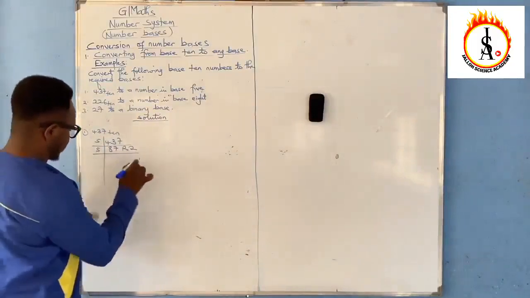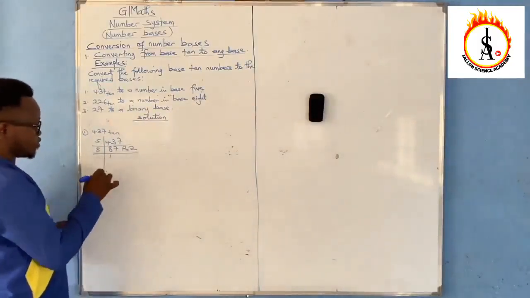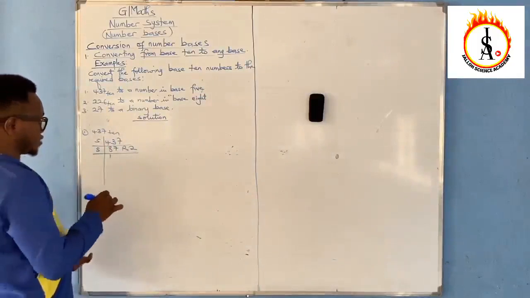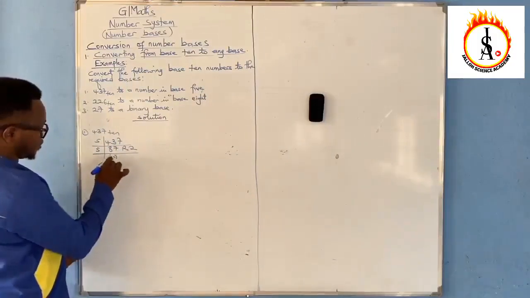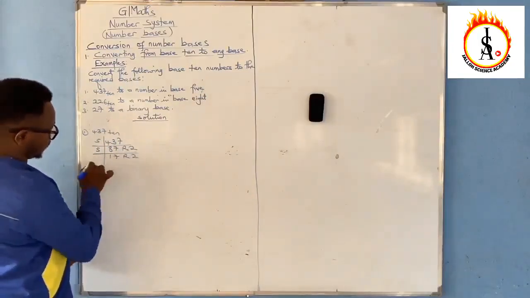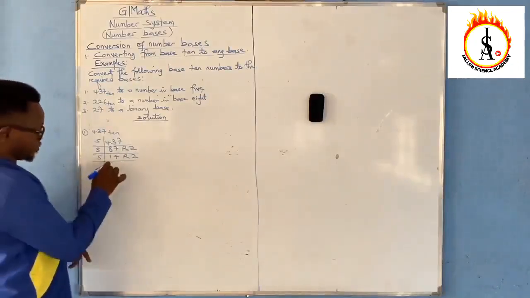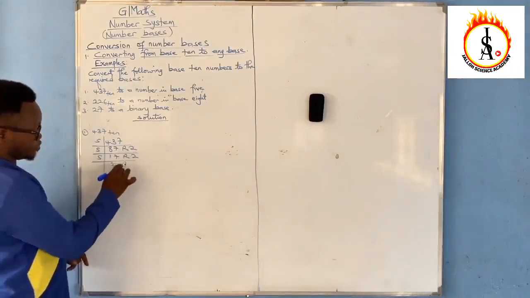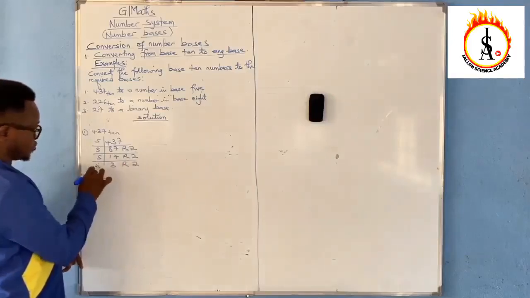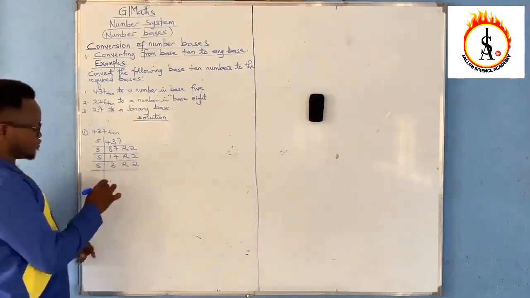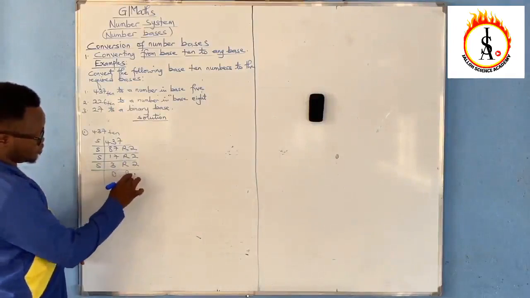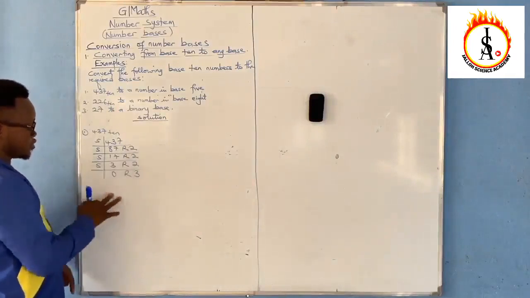We use 5 again. 5 into 8, 1 remainder 3. Then 5 into 17, 3 times with a remainder of 2. We use 5 again. 5 into 3 is 0, with a remainder of 3.